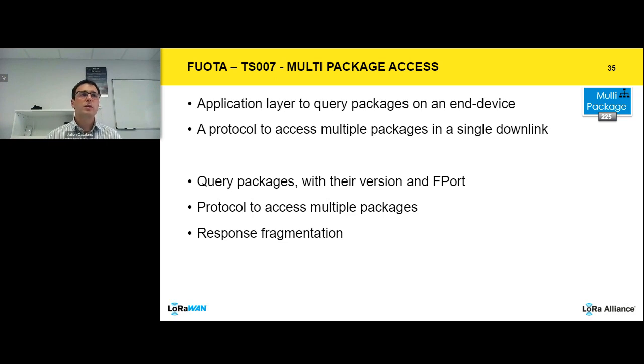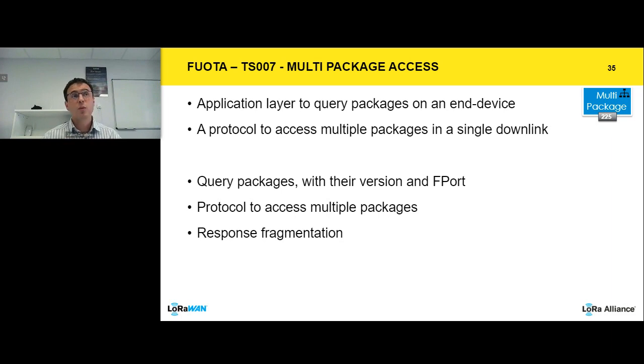So the first part is to query device packages on an end device. It's very related to the package version rec on each end device, but in a single message. And it's also defining a protocol to access multiple packages with a single downlink. So you could query packages with their version and F port and also access those packages in the response.